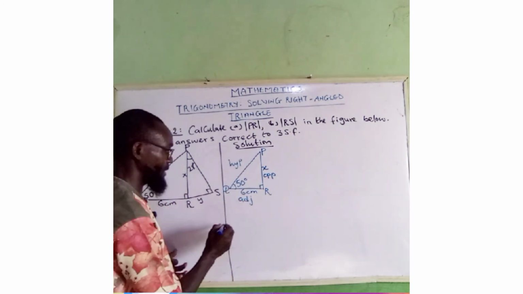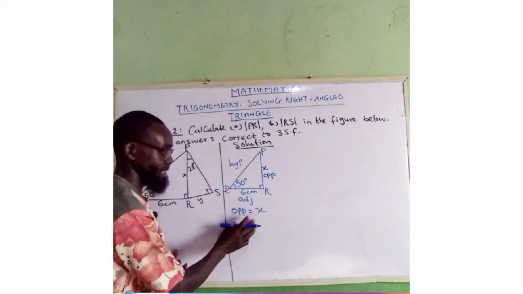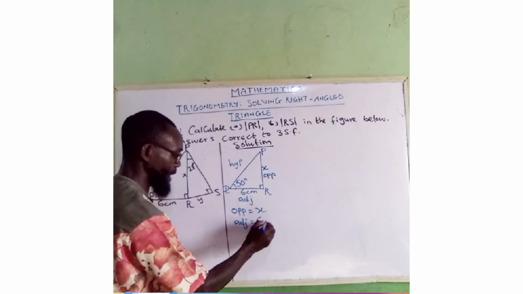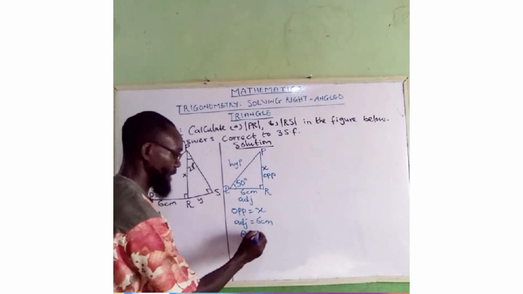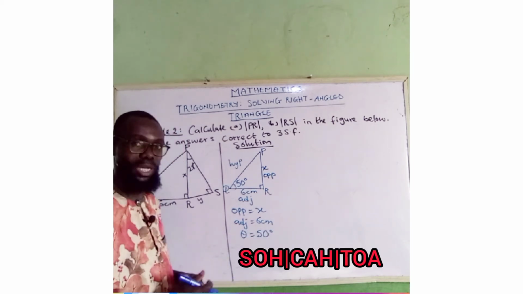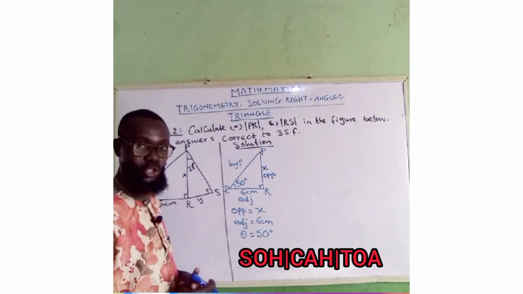Writing down the parameters, opposite is unknown, which is X. Then adjacent is given as 6 centimeters. Our angle theta is given as 50 degrees. Now checking our SOHCAHTOA, the one that has opposite and adjacent is TOA.